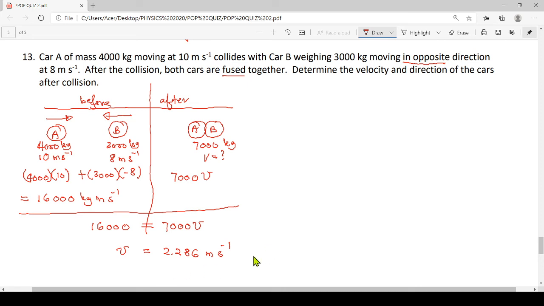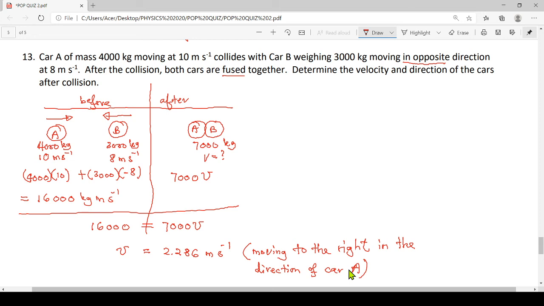Here I can see my velocity is positive, so which direction is it going? Okay, it's moving to the right, in the direction of car A. Alright, so that's how we solve the question.